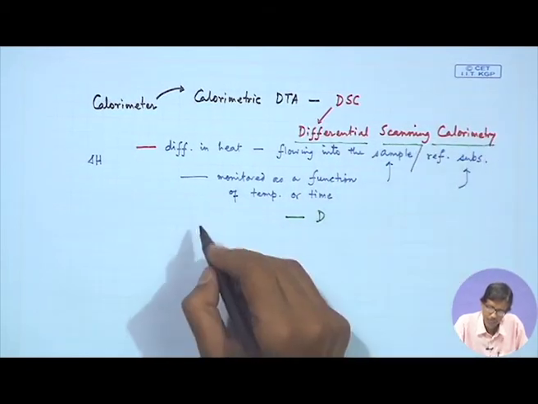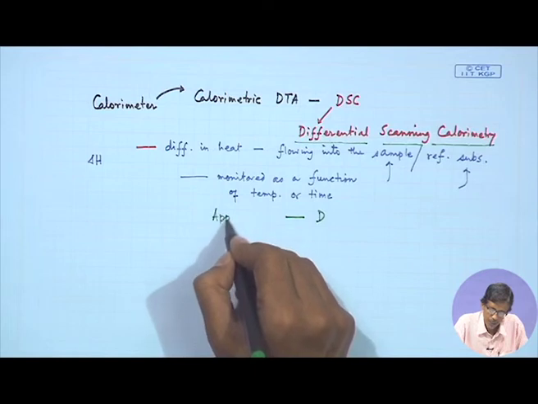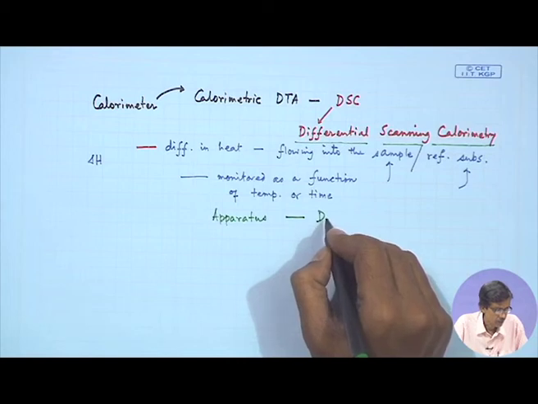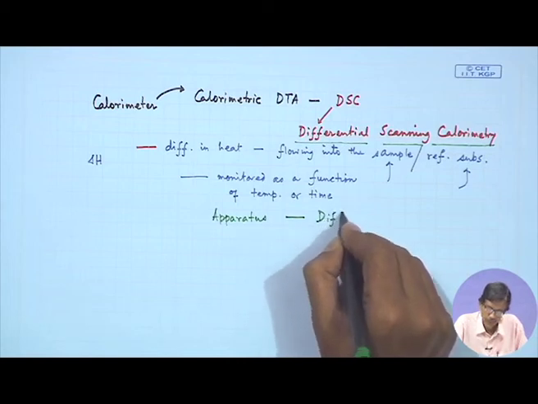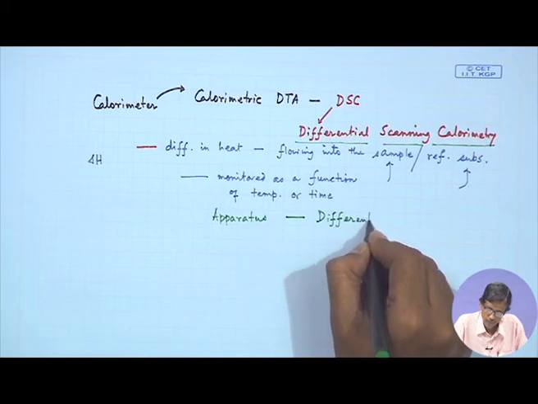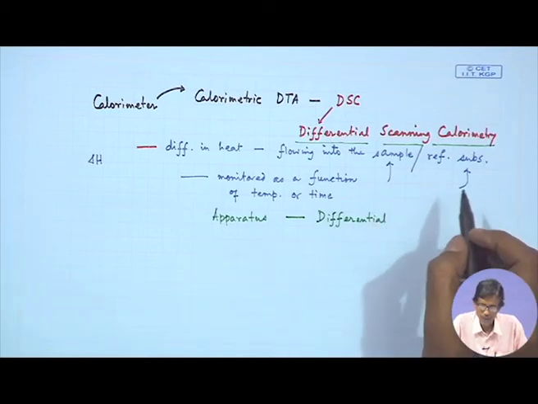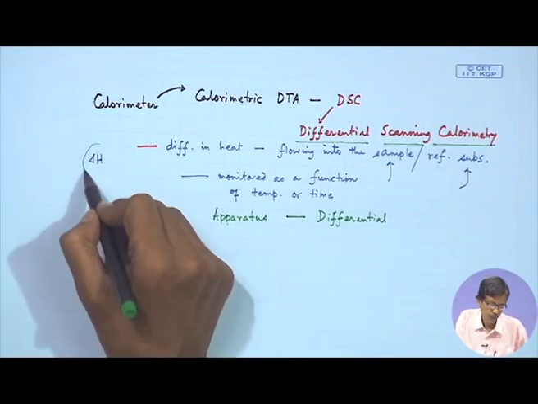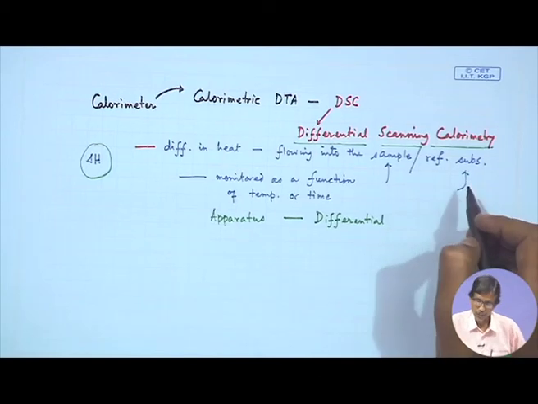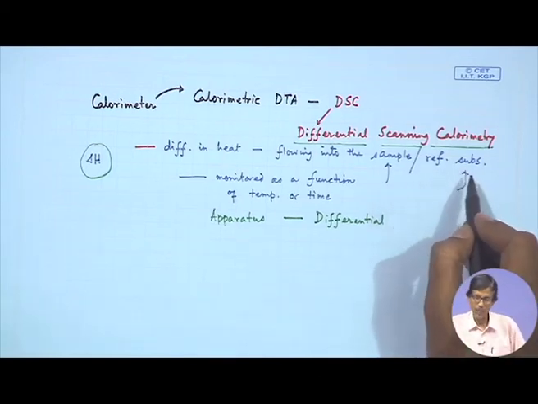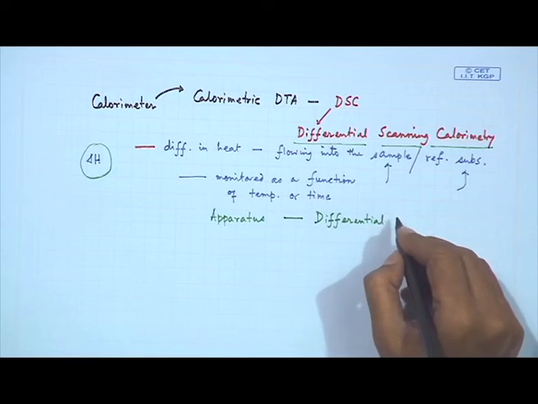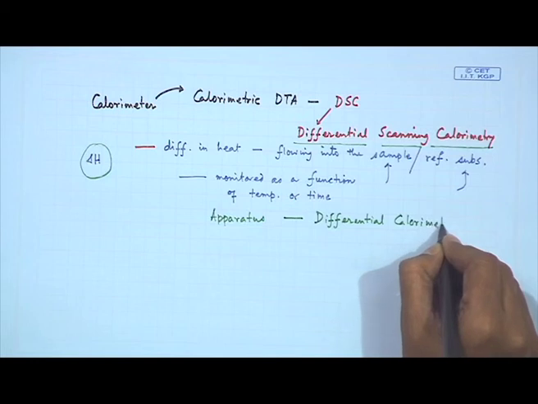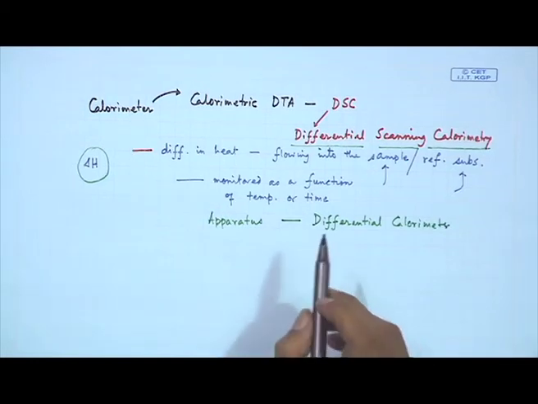The name immediately will tell you what your apparatus is to do that. It is the corresponding differential calorimeter, which is slightly different from a simple calorimeter, because we are trying to monitor not only the H, but the delta H between the sample as well as the corresponding reference substance or the reference material. So, we monitor these things.